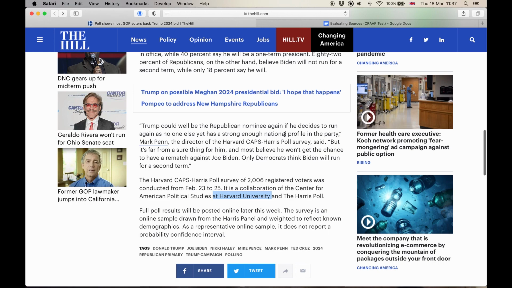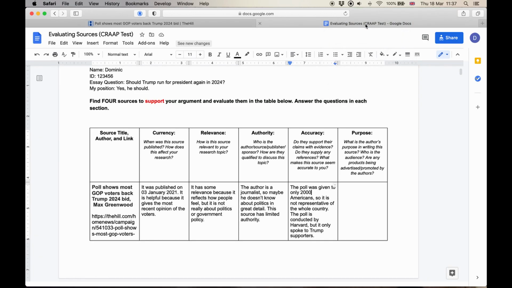It's an established and very successful, prestigious university, but they only spoke to Republicans, people who like Trump anyway. So am I getting the whole story? No. You should probably ask some other people, more people, different people. So the accuracy here is not great.